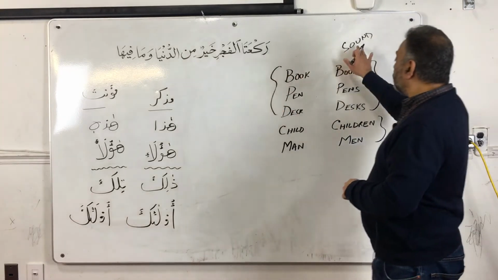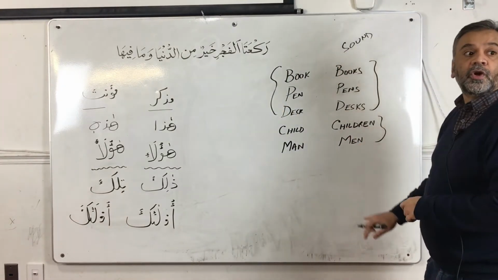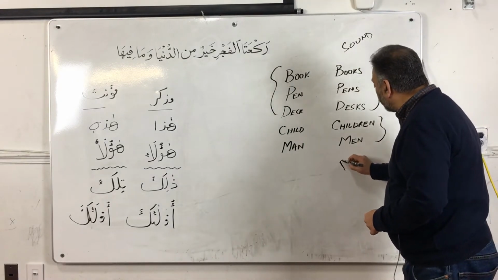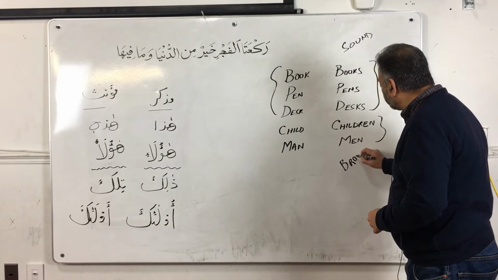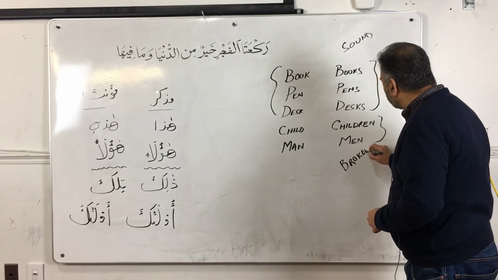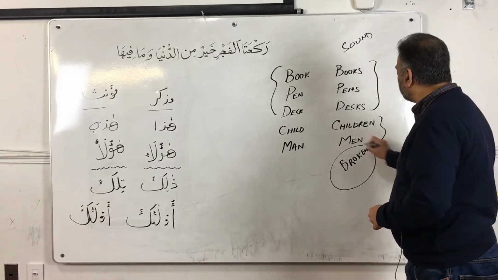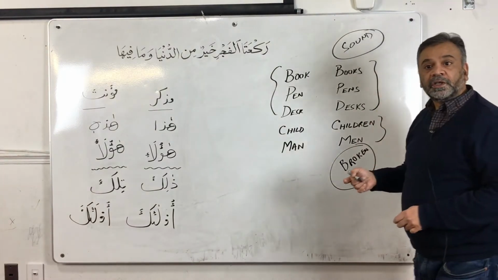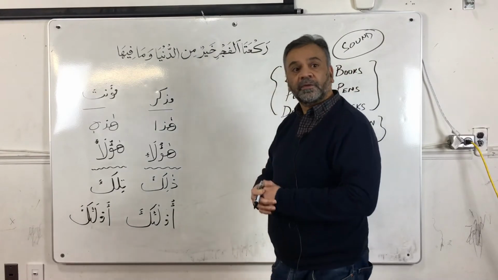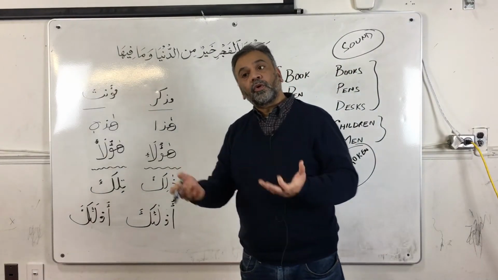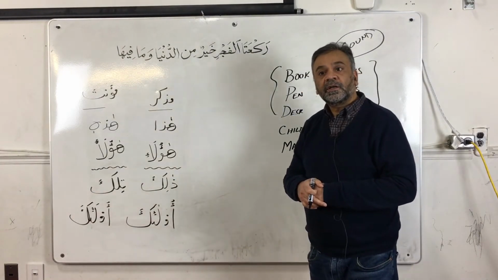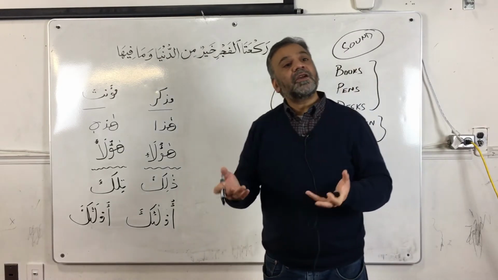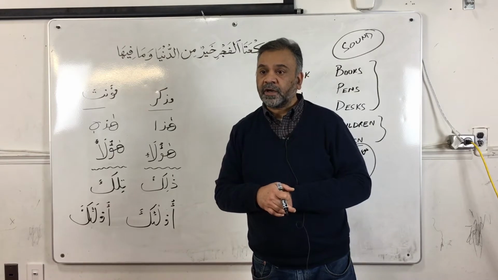If these are sound, then these are broken. Then these plurals are broken plurals. So, sound plurals follow the regular pattern, and broken plurals do not follow the regular pattern, or they are irregular in nature. Right?